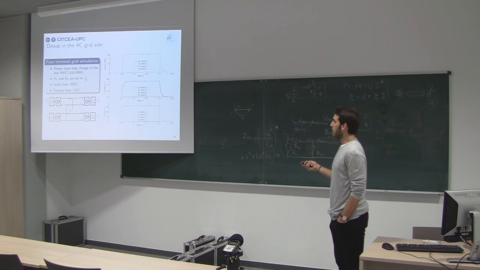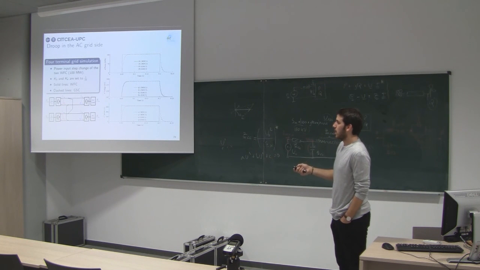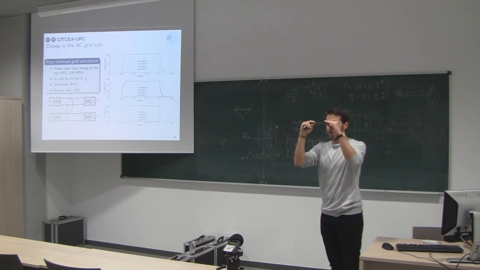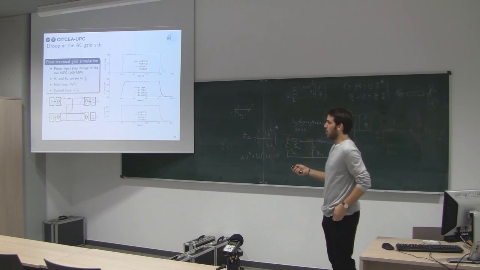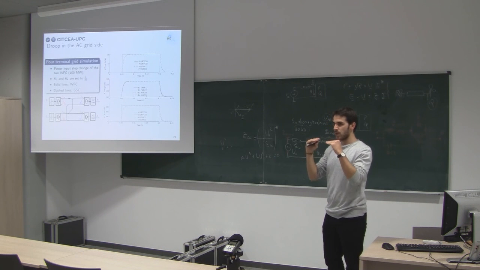And here something interesting that you can see is that all nodes, E1, E2, E3, E4, all the voltage nodes are more or less at the same level. So the voltage drop between one and the other is not that much. All the voltages of the multi-terminal grid are more or less at the same level.